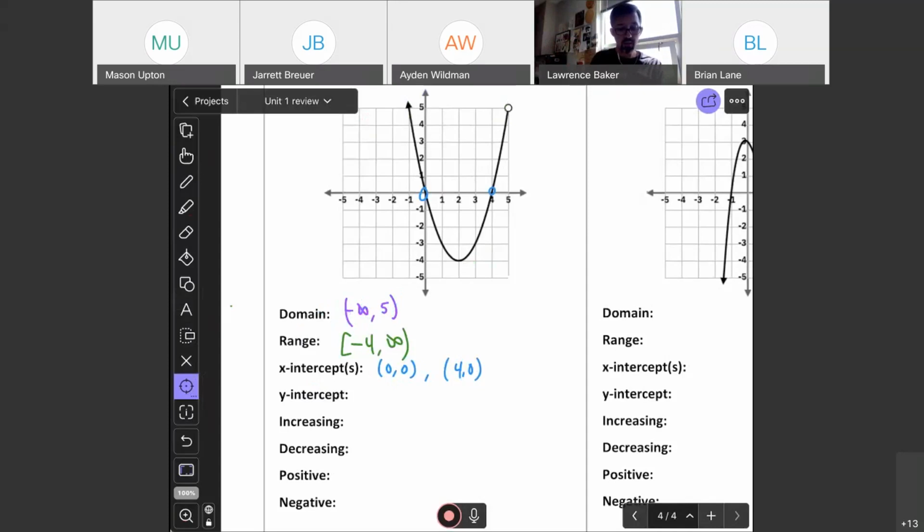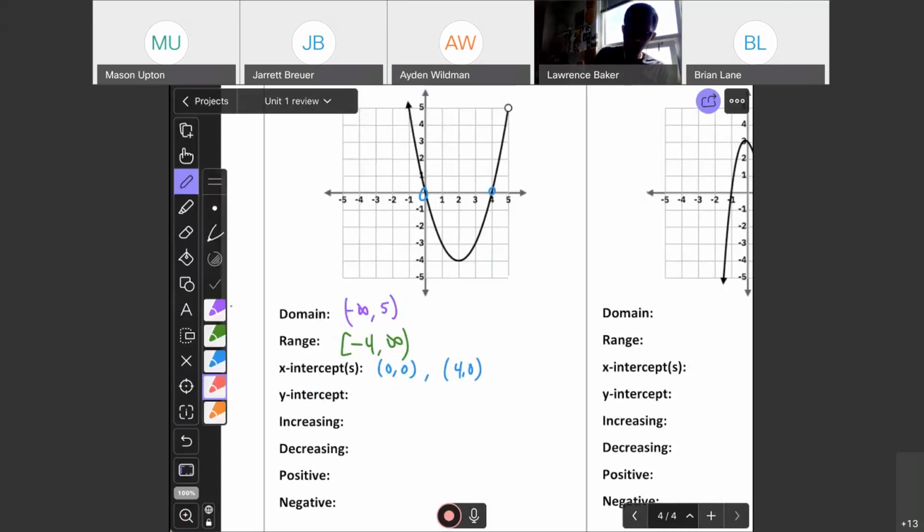If it's ever parentheses here, it's always talking about an interval. So the context tells us that this has to be an interval, not a point. The context here says that this has to be a point, not an interval. The other one doesn't make sense for it. Our y-intercept is also 0, 0. Just coincidence.